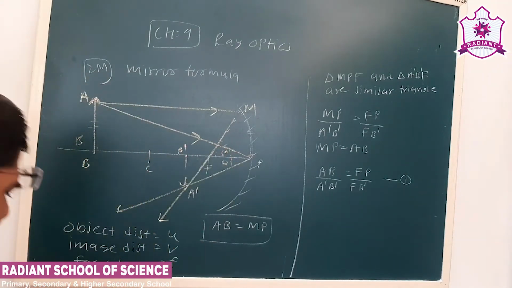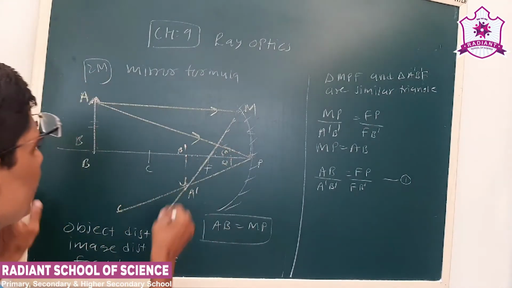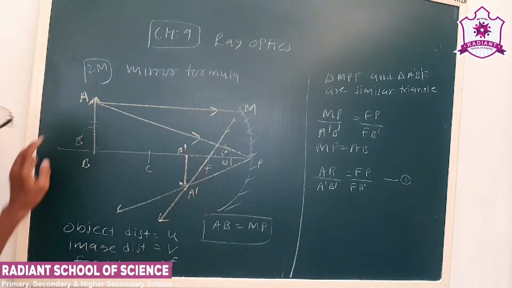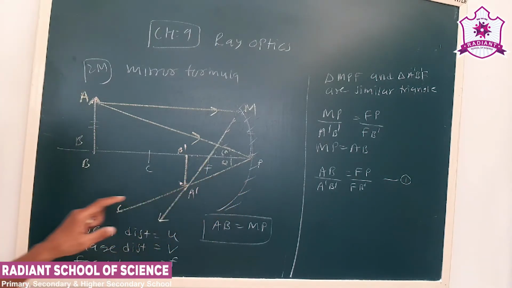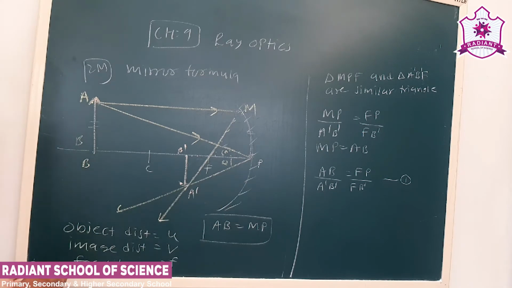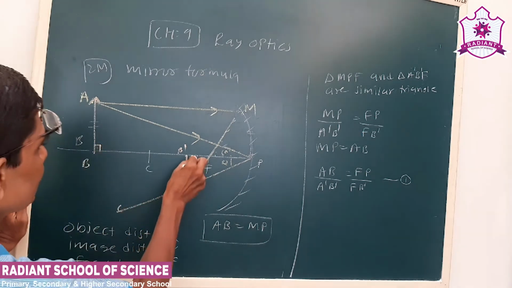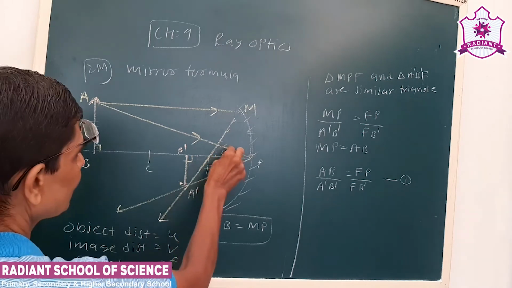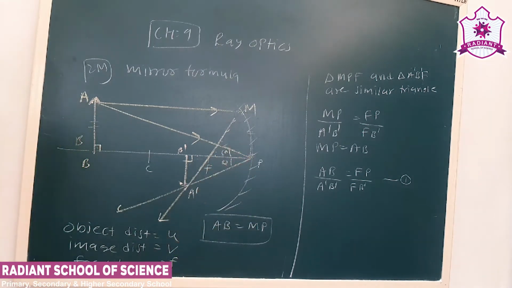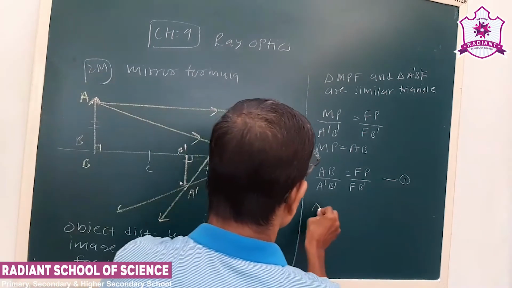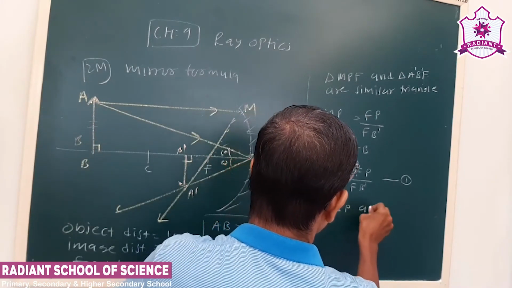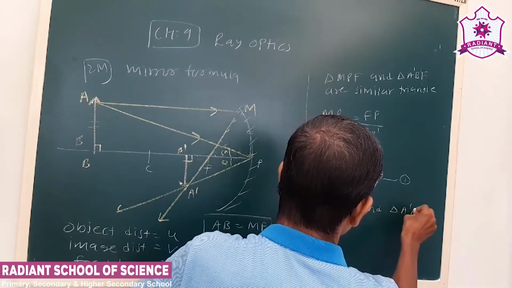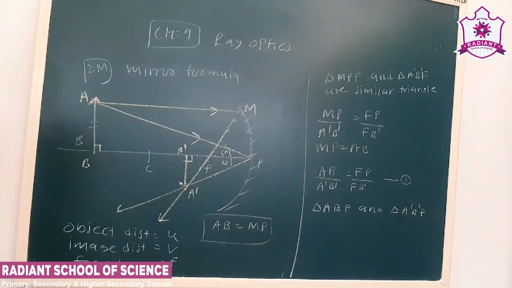Now see our triangle ABP and A'B'P by the same condition. This angle is 90 degrees, this is 90 degrees, and this angle theta and theta are the same. So triangle ABP and triangle A'B'P are similar triangles.